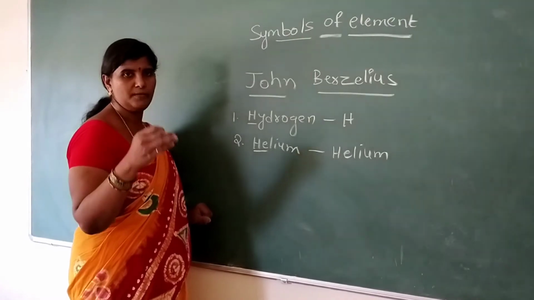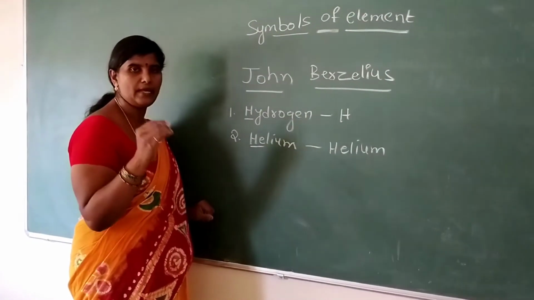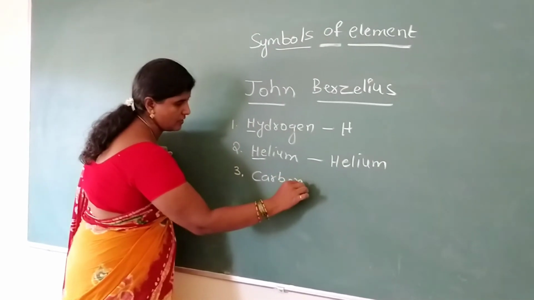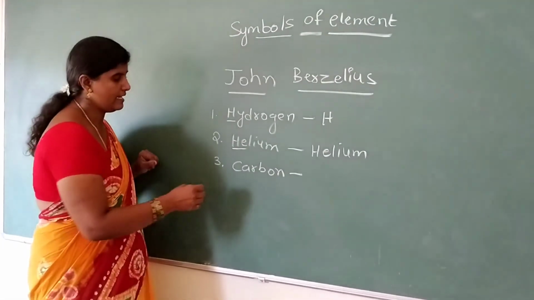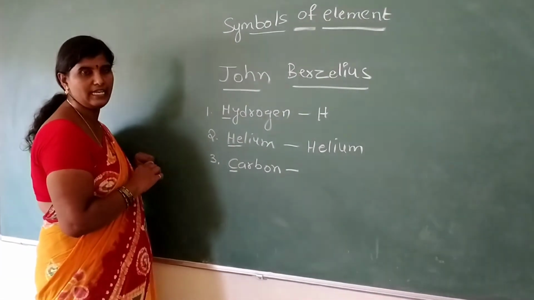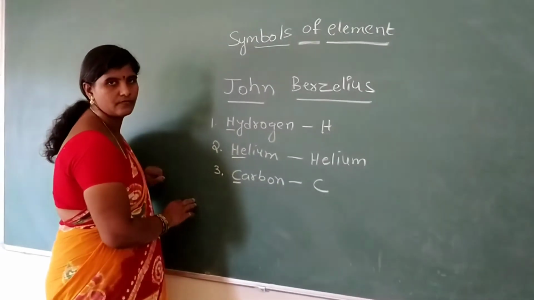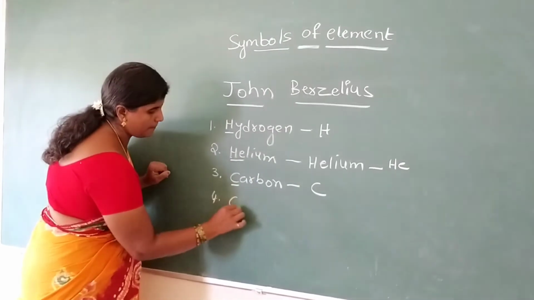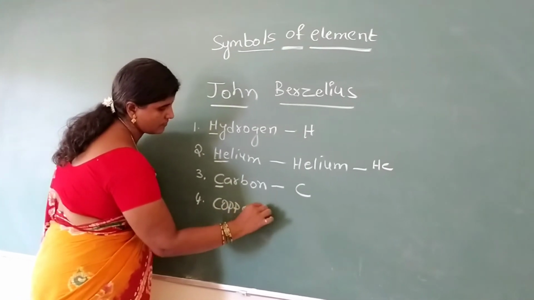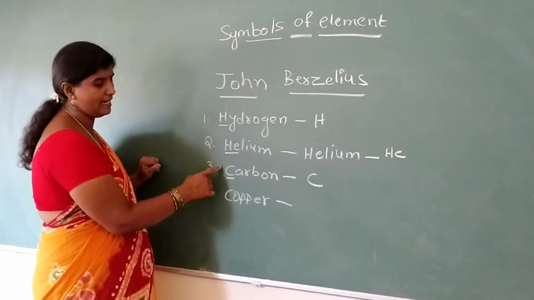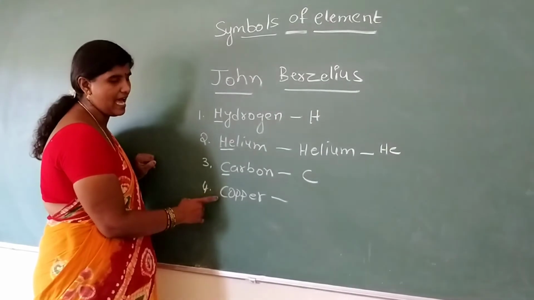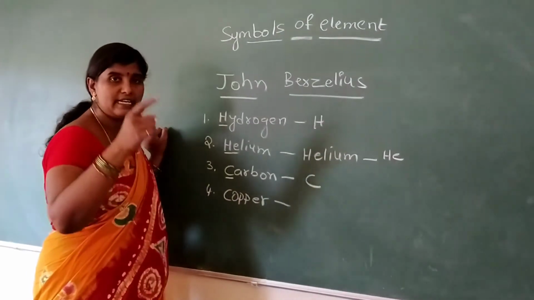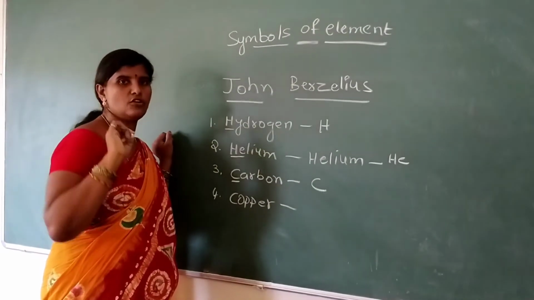Similarly, some elements start with the same letters. For example, carbon. Here for carbon, we take the starting letter, that is C. Then copper. Here the same letter is repeating, but this has a Latin name, because the element was known in earlier years.